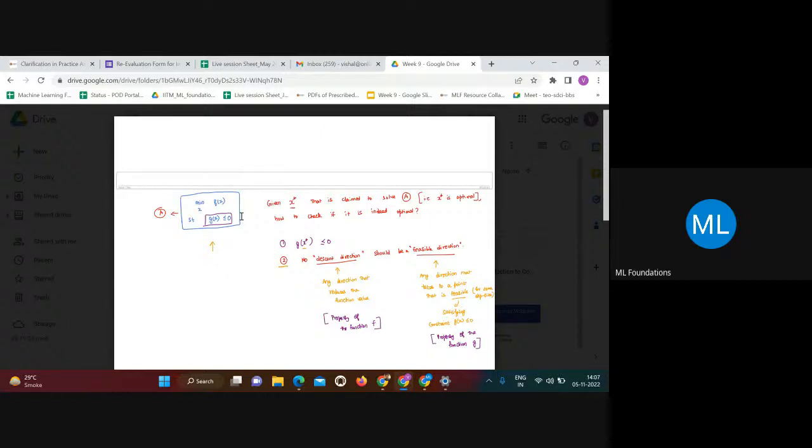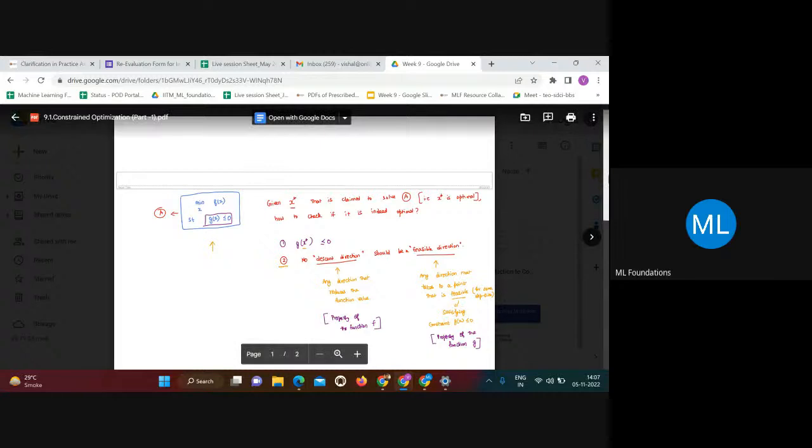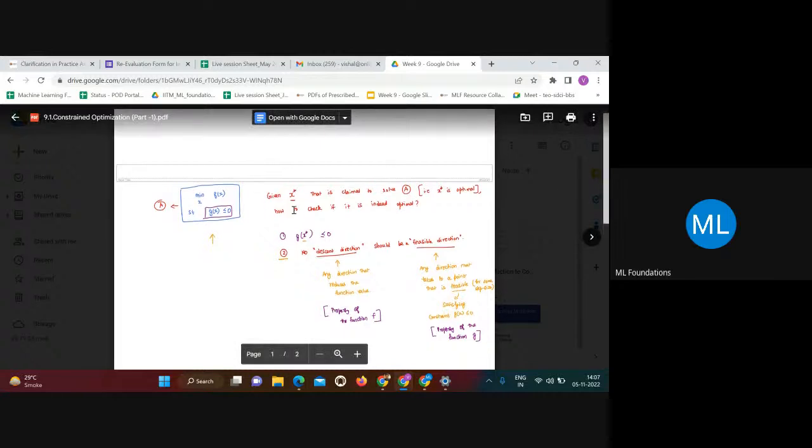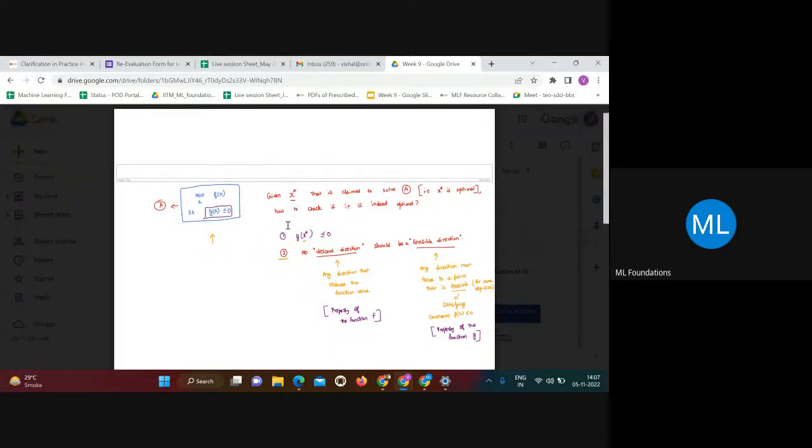So here the professor is discussing, let us have a value x star that is satisfying our condition. For example, I'm solving a problem where we need to get the minimum of a function f(x) such that the x we are taking should satisfy this condition also, that g(x) should be less than or equal to 0.